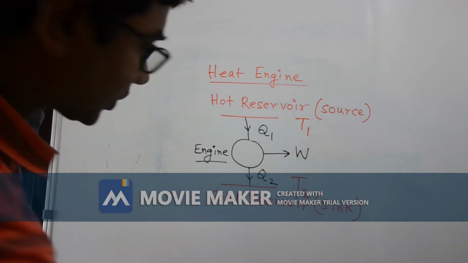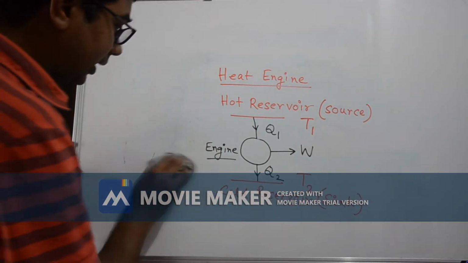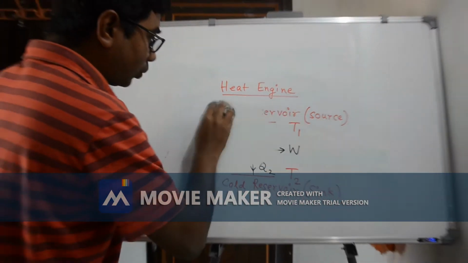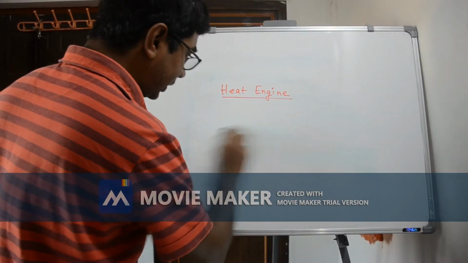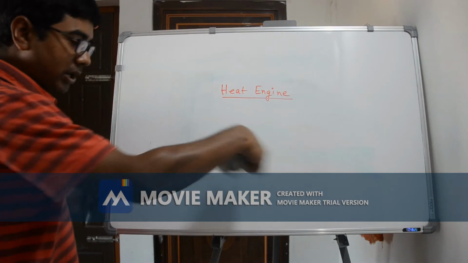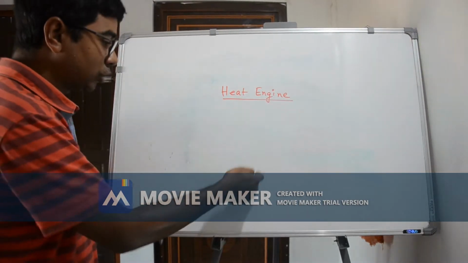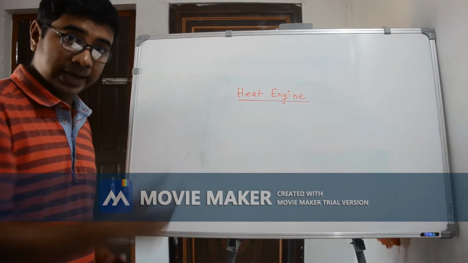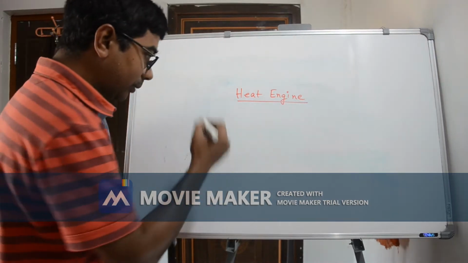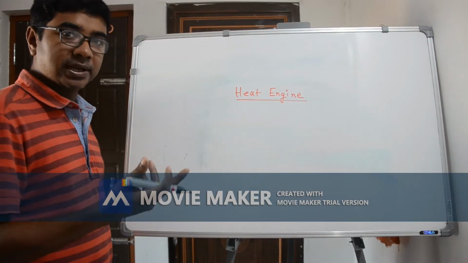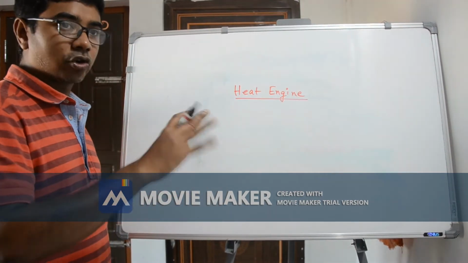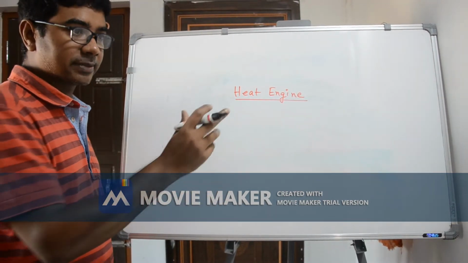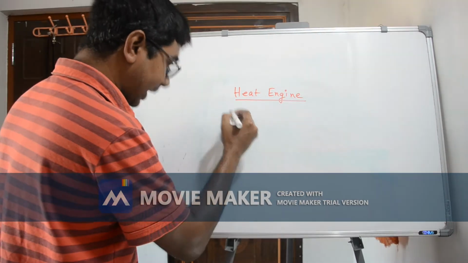Now the question comes: this engine works in a cycle, so how are these three parameters Q1, Q2 and W connected to each other? In order to do that, we'll use the first law of thermodynamics, which states that energy cannot be created or destroyed.